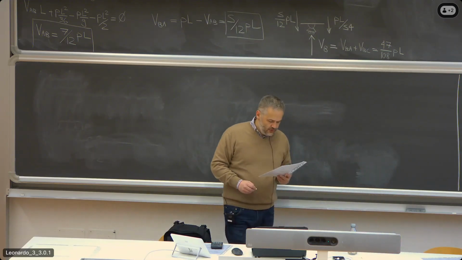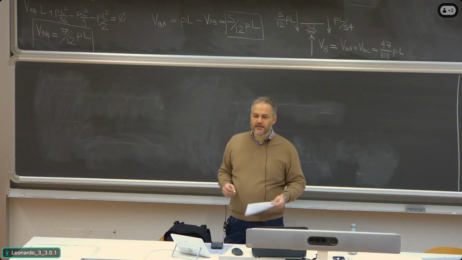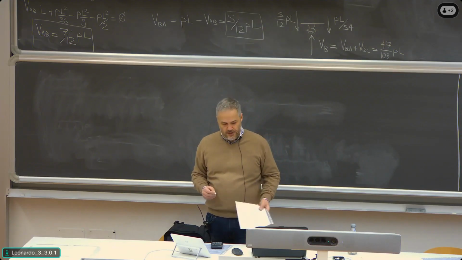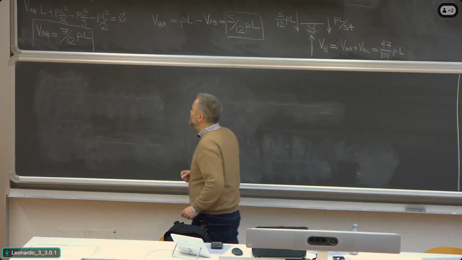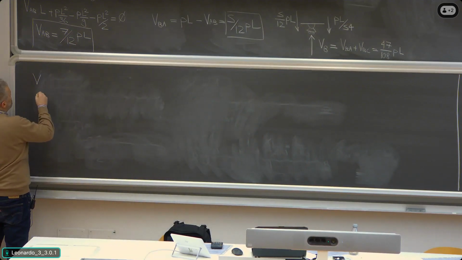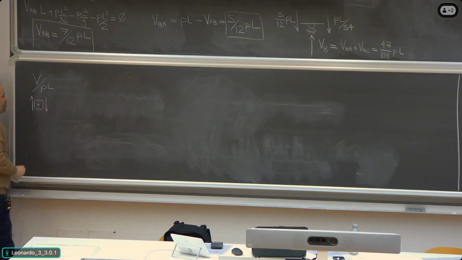Third point was plot the diagrams of the internal forces, clearly indicate the sign conventions, was the warning. Okay? So in our case, we have to plot the shear force, and I can plot it with only numbers by specifying that my scale is P over L, and my sign convention is typically shear force is positive, it is clockwise.